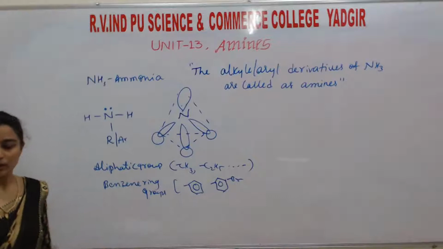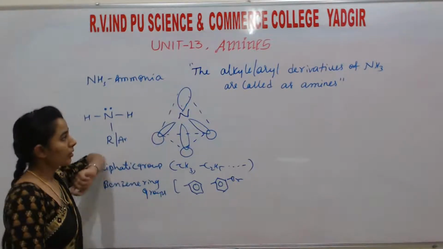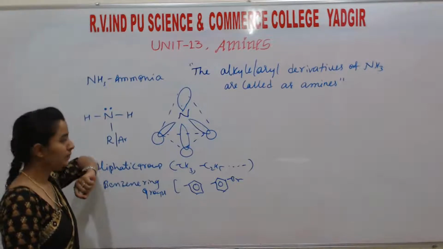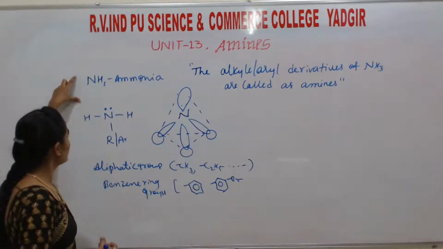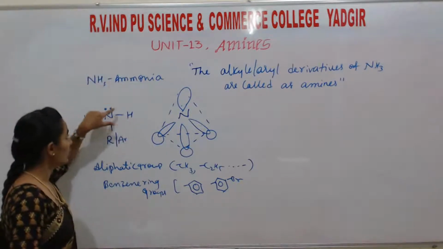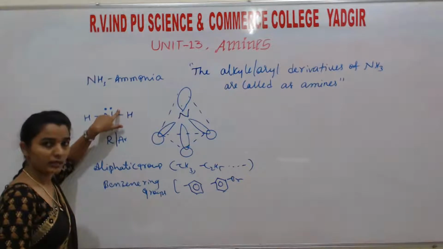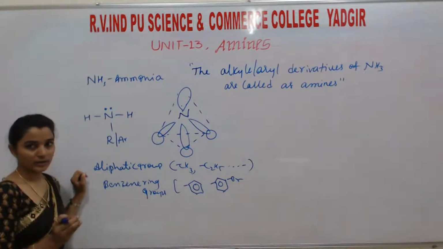Students, the alkyl or aryl derivatives of ammonia are called amines. So this is one thing. As I told you, this is ammonia. It has 3 bond pairs and 1 lone pair. Understand? Next thing is the classification of amines.